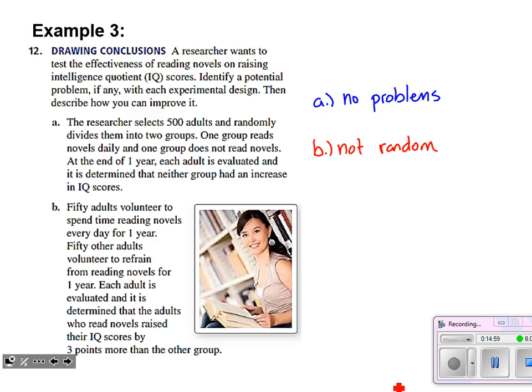So the fact that they're volunteering is definitely having an effect on this. I'm just going to put that word there. The self-selected, that's what we called that type of sample.